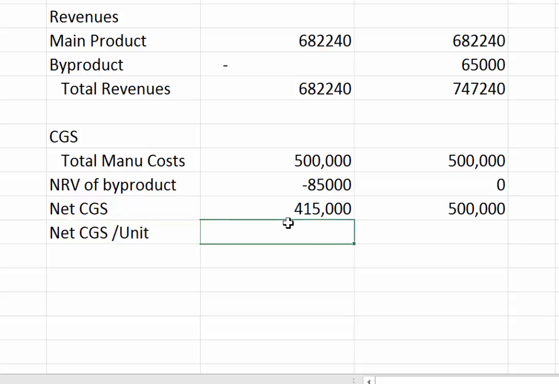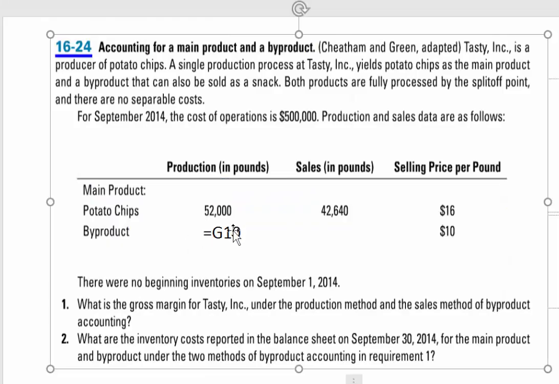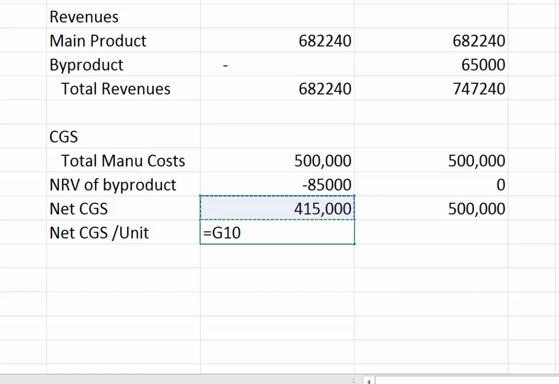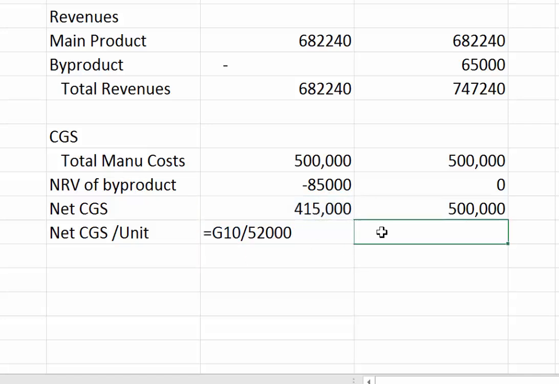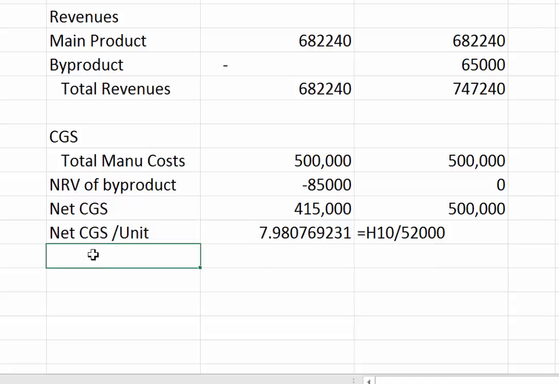In this case, I'm looking at 415,000 divided by the 52,000, the total production for these potato chips. So I will get the single unit. Now for this one, I'm going to divide 500,000 by 52,000. Okay. So that's what's happening here.